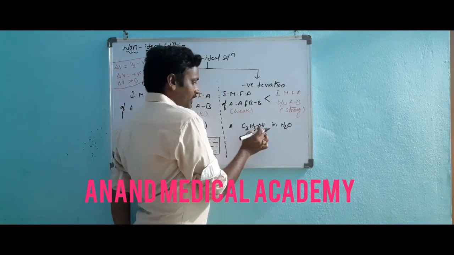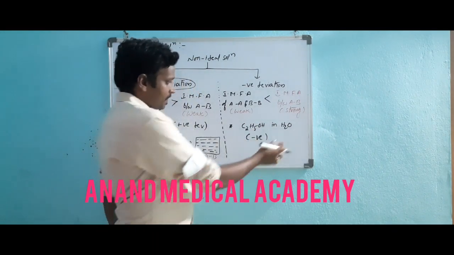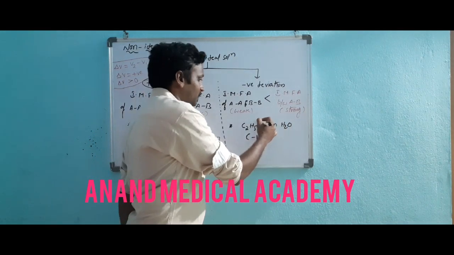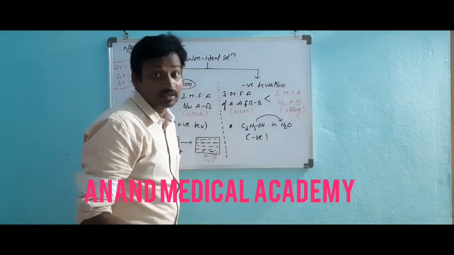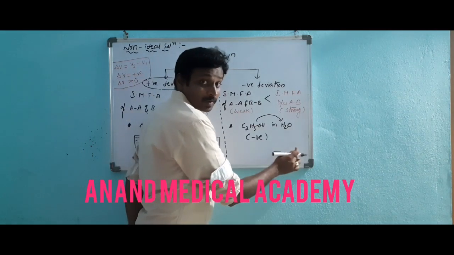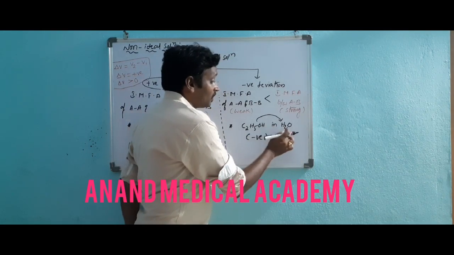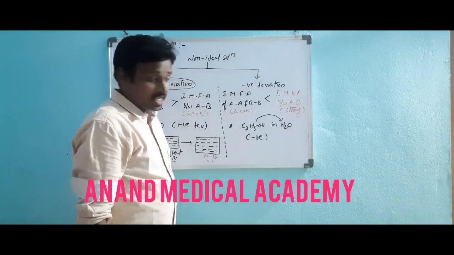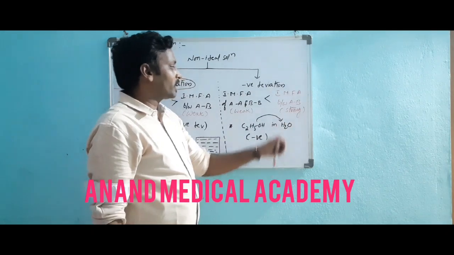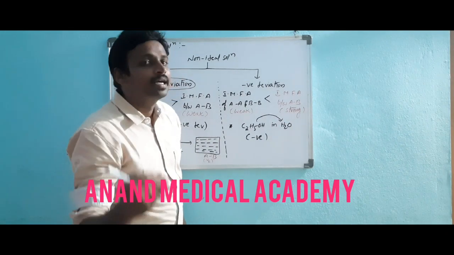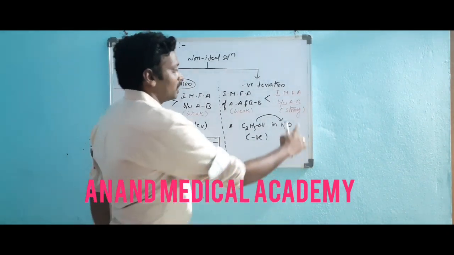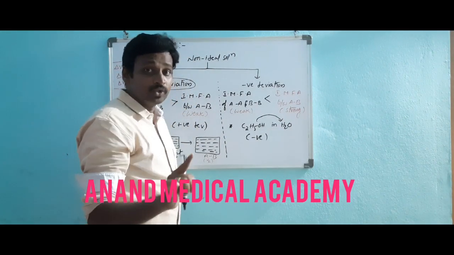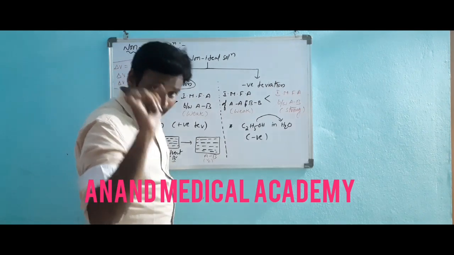Because individually I am considering ethyl alcohol as A and water as B. After mixing, ethyl alcohol mixes with water, we know it's highly miscible. Correct? So when ethyl alcohol is dissolved in water, they certainly have a strong bond. If they have a strong bond, strong interactions, what will happen to the volume? It decreases. The final volume will be less after formation of the solution.